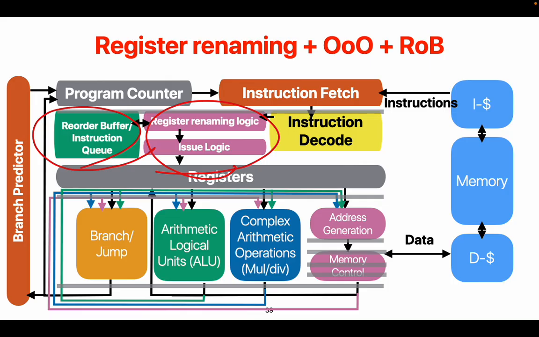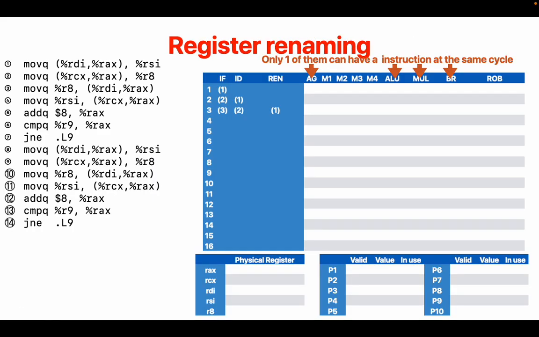So this is the complete processor. Now, say that I still have the same amount of functional units as the previous pipeline, and I'm still only allowed to put one instruction into execution through my issue logic every cycle.